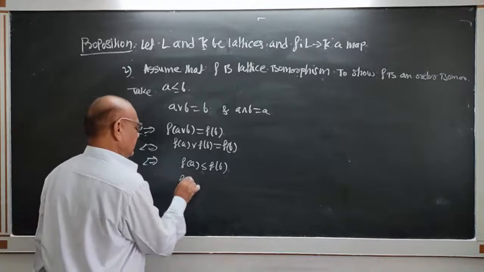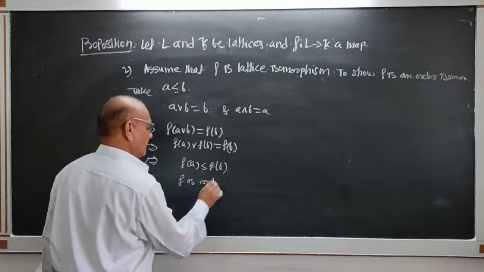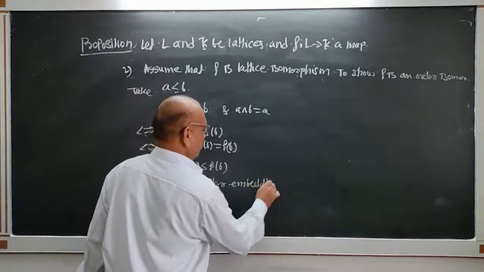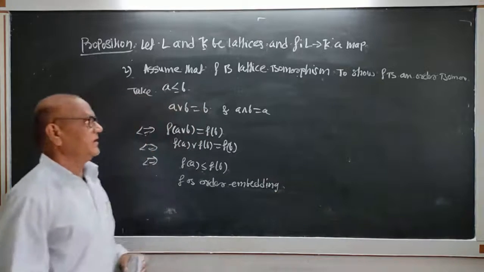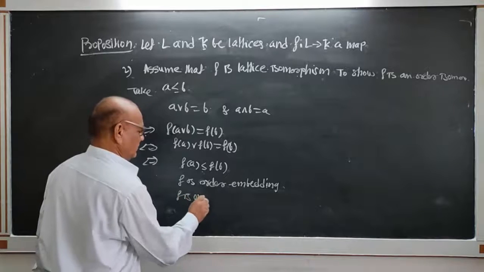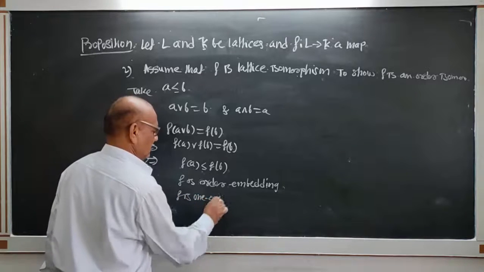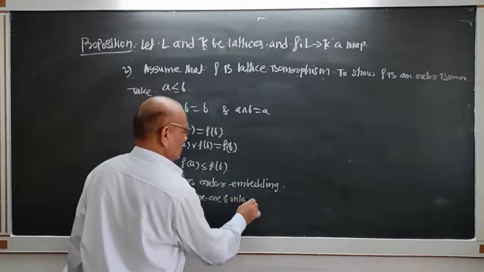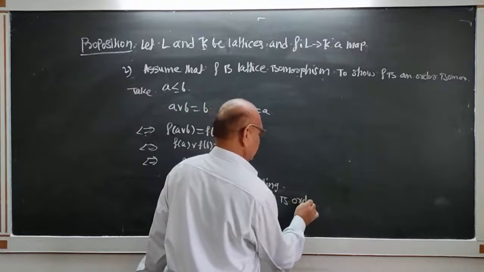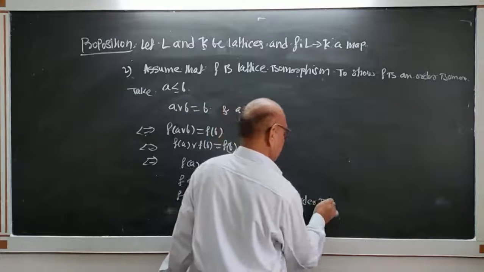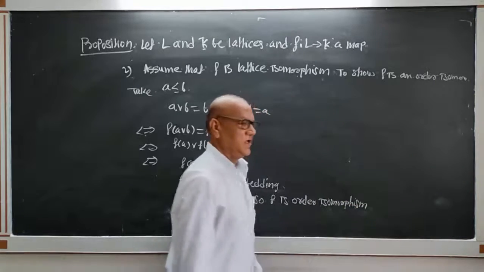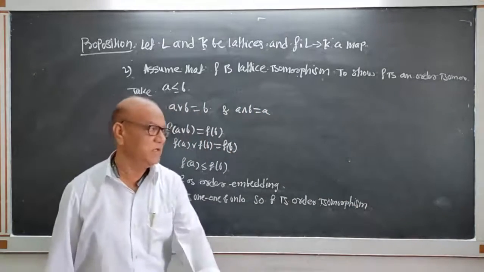This gives f is an order embedding, and f is one-one and onto. So f is an order isomorphism.